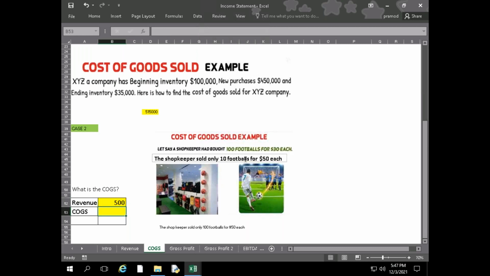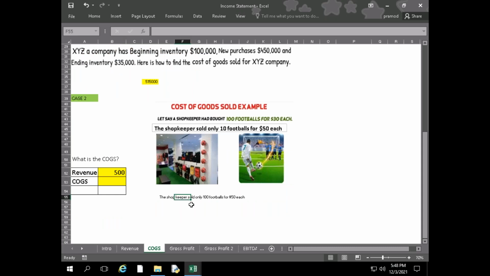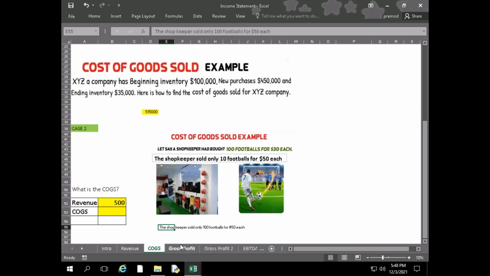How come 5,000? Sir, in the below line it is given, no, sir. The shopkeeper sold only 100 footballs for 50 each. Okay, I didn't read this question. So at first he sold 10, and in the next they have given a total of 100 sold.